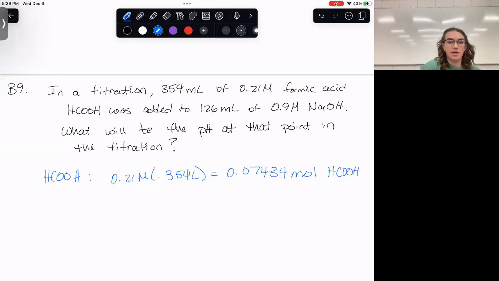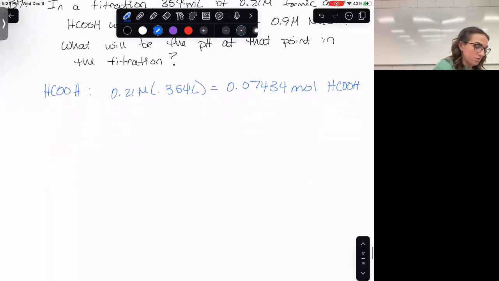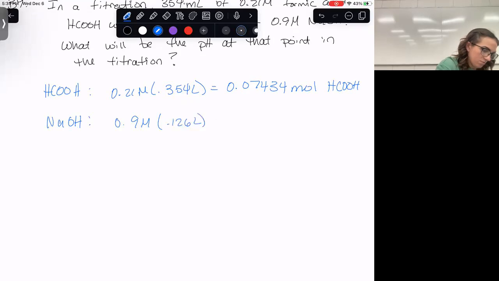And we're going to do the same thing for our NaOH. Here we do need to convert our milliliters to liters, just be mindful of that.